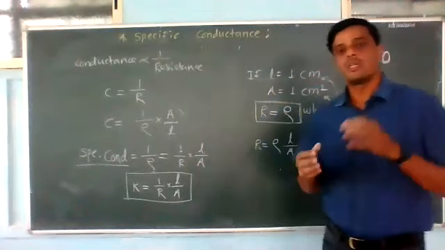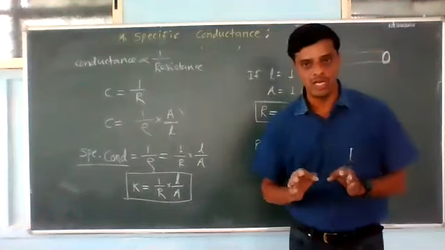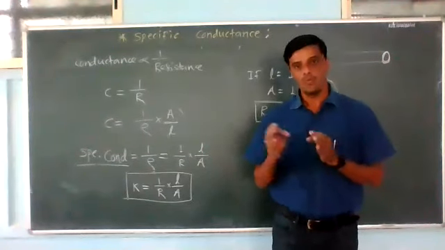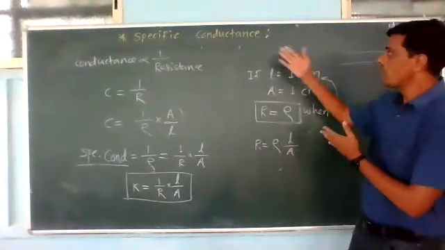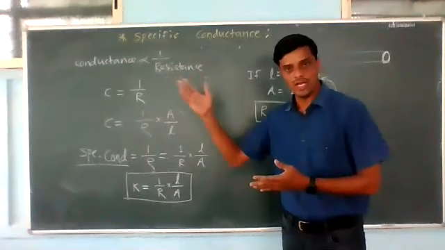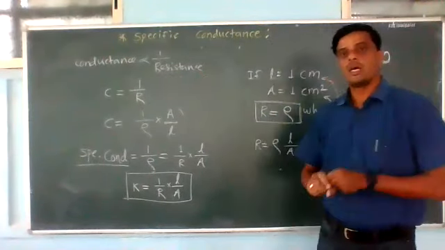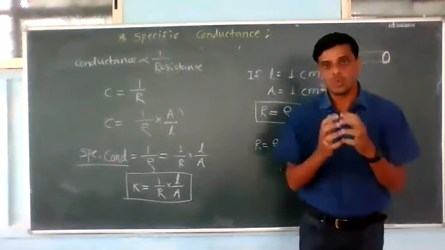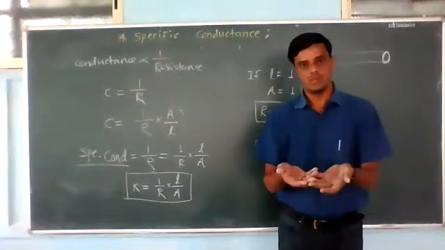Or in other terms, the specific conductance of a conductor. Obviously, here the conductor is an electrolytic solution. Therefore, how much quantity of solution's conductivity is said to be the specific conductance?